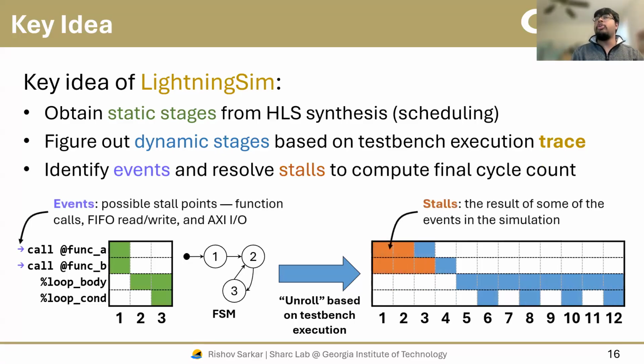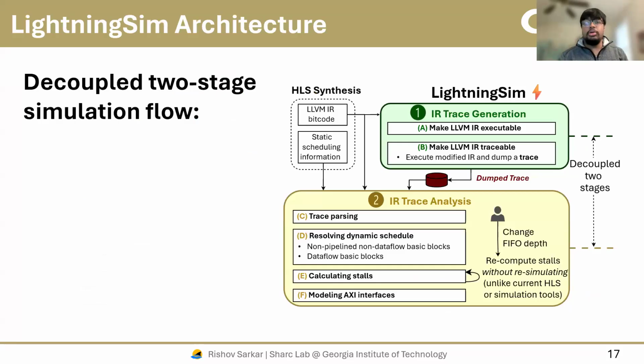And then finally, we identify all the events, which are the potential stall points, and compute based on the entire simulation how many stall cycles we'll have in each function, and get the final cycle count for that. So that's the key idea.